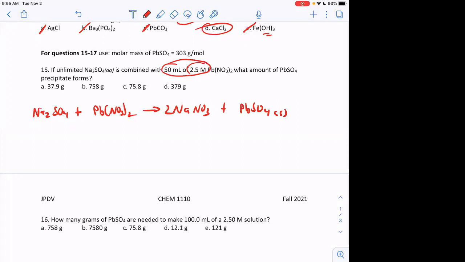You can use the molar mass to figure out the actual mass of lead sulfate. So let's do that. We've got this 50 mils or 0.050 liters times, and we're doing this lead nitrate here, times 2.5 moles per liter.